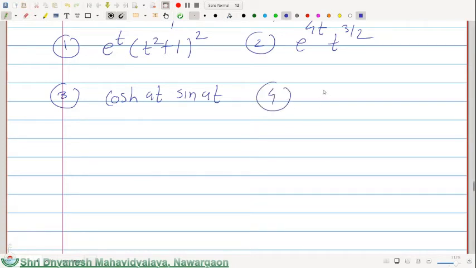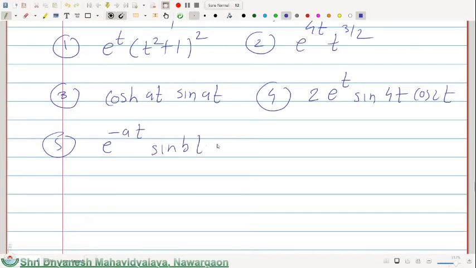Number four, twice e to the power t sine 4t cos 2t. Number 5, e to the power minus at sine dt. And number 6, cos at sine hyperbolic at.